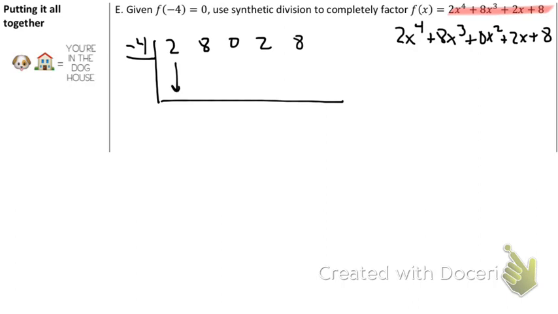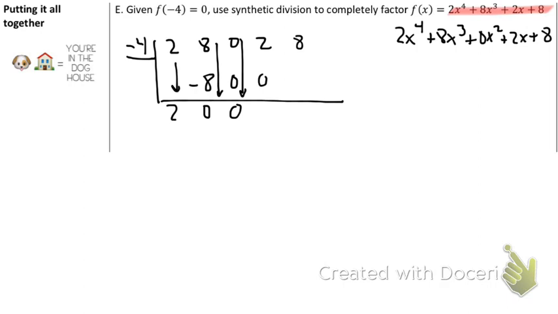Bring this down. That's 2. -4 times 2. That's -8. Bring this down. That's 0. -4 times 0 is 0. Bring this down. That gives me 0 again. -4 times 0 is 0.